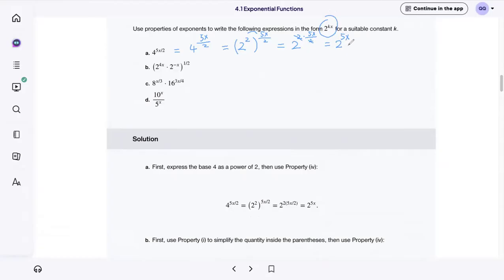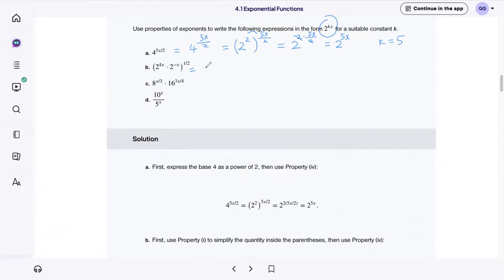Then we write this as 2 raised to kx. So in this case, k equals 5. Let's see the second one. Inside, we have two terms: 2 raised to 4x, and 2 raised to negative x.